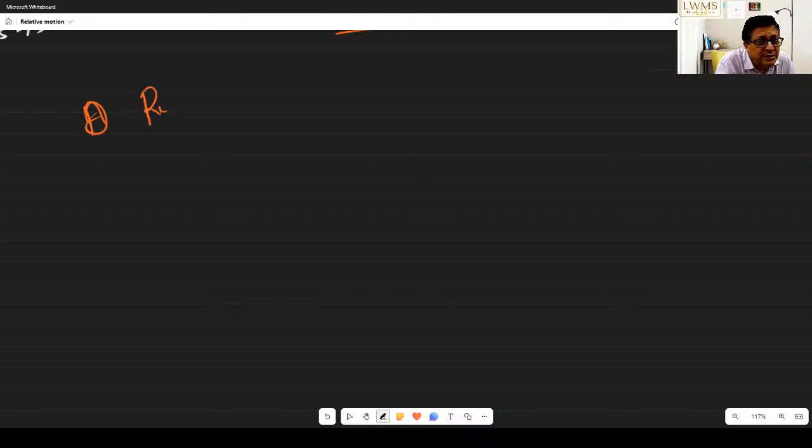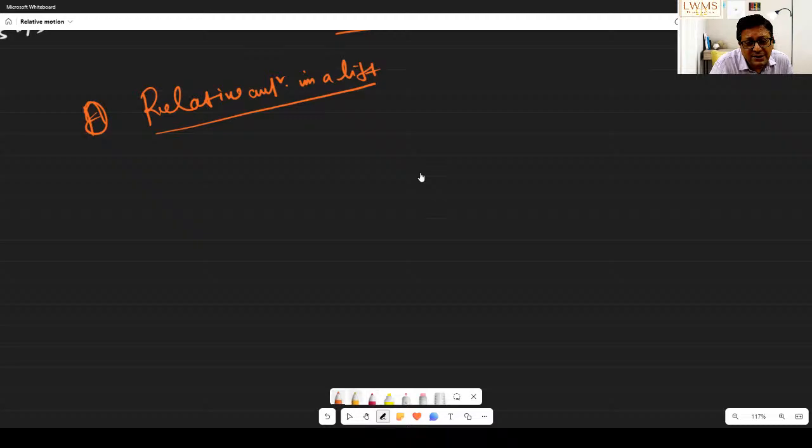Relative acceleration in a lift. Lift is going upward with acceleration a.